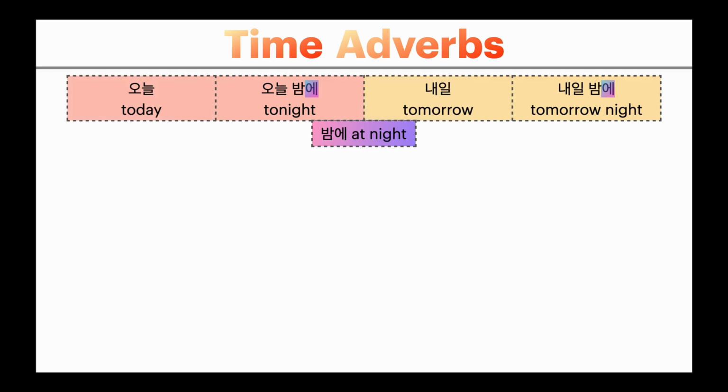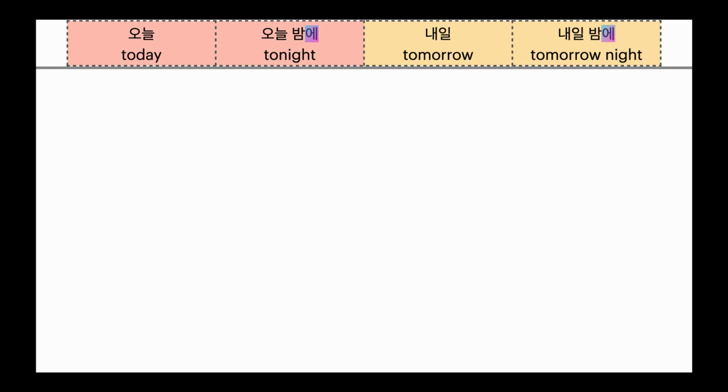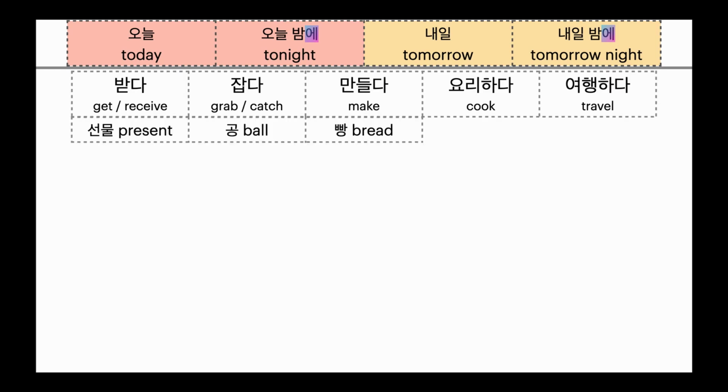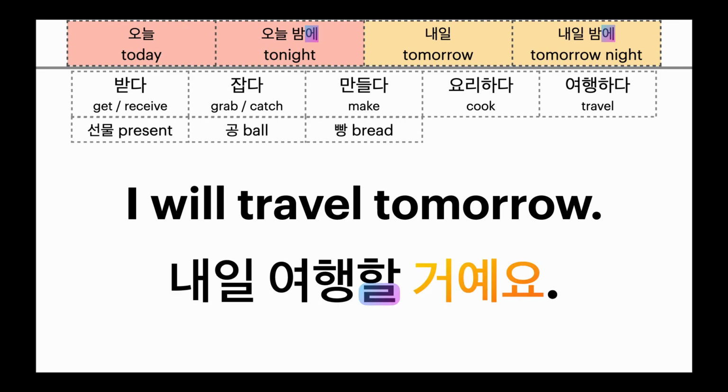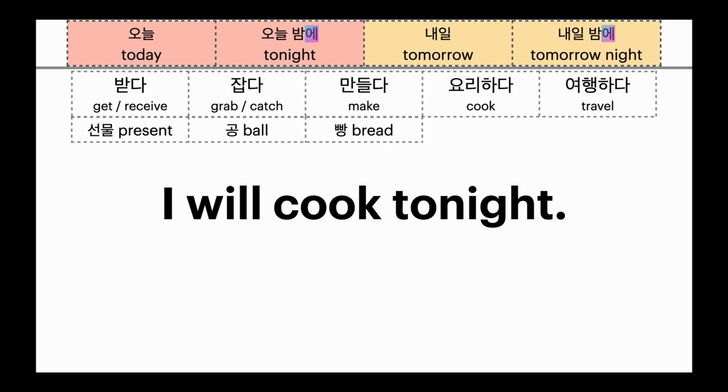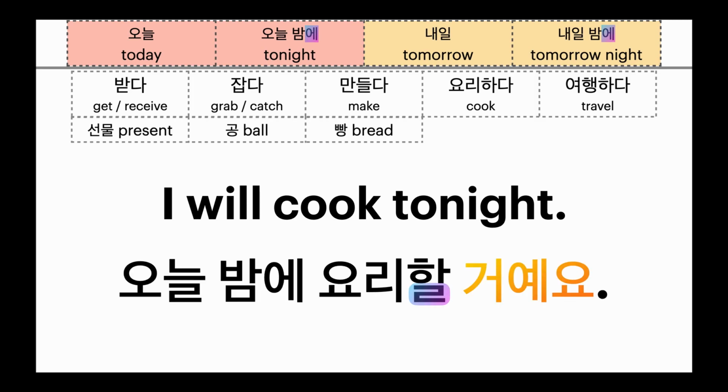And now unlocking all of the time adverbs, let's go ahead and put them up here. That way we can go ahead and see the words that we practiced earlier. I will travel tomorrow. 내일 여행할 거예요. I will cook tonight. 오늘 밤에 요리할 거예요.